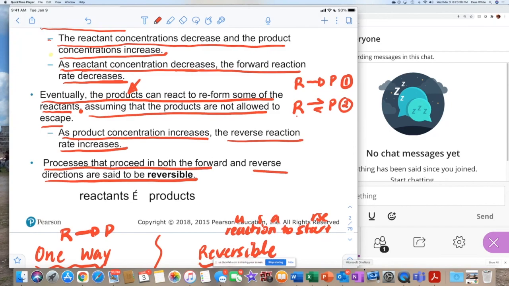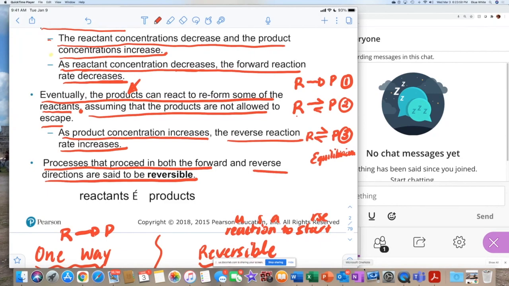So stage three is when the rate of the forward matches the rate of the reverse. And when you have this, this is defined as equilibrium.